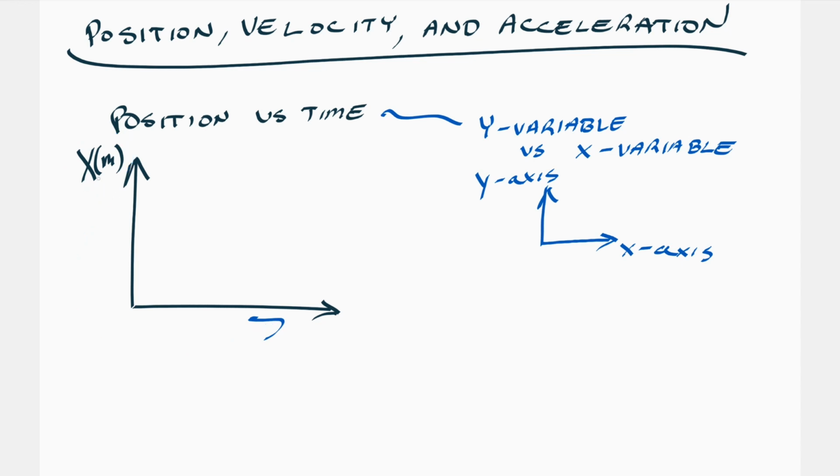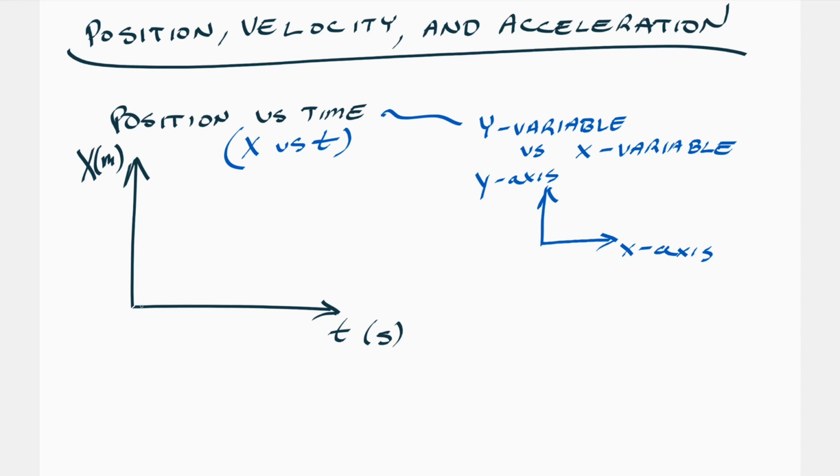Well, no, this X, again, is not the x-axis. This is talking about just your position, and position is something that's going to go on the y-axis. That's why we call this an x versus t graph. Then we'll put time on the x-axis, that horizontal axis.